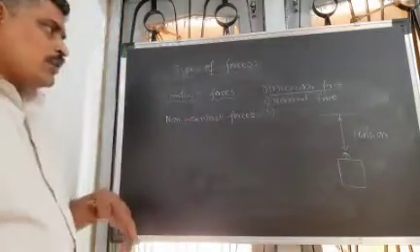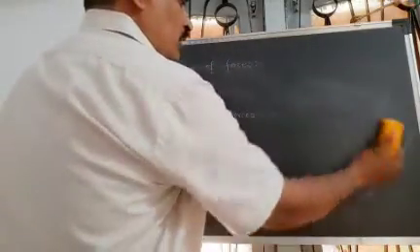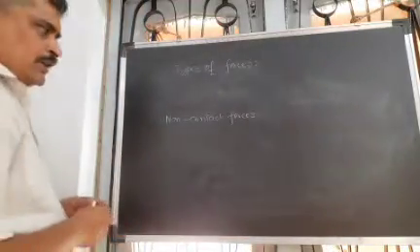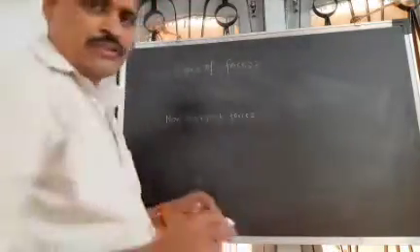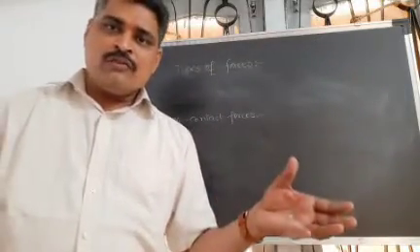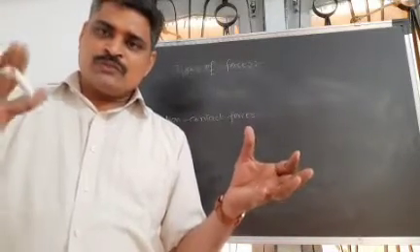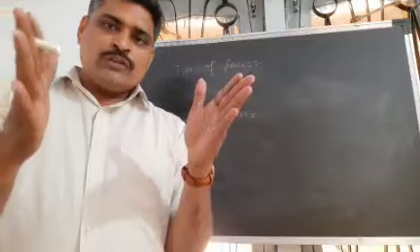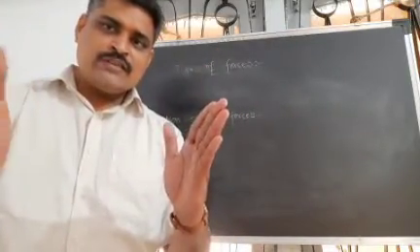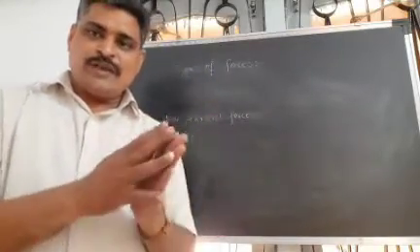Next, non-contact forces. So after these contact forces, we will see what are non-contact forces. Here, in case of non-contact forces, there is no contact between the object and the force agent, or the object which applies force. So for the force to be there, there must be two things: the agent which applies the force and the object on which the force is applied.